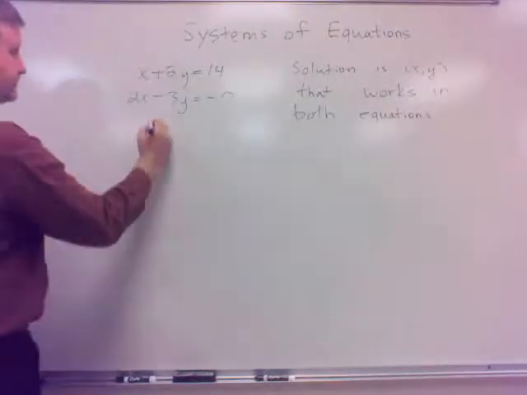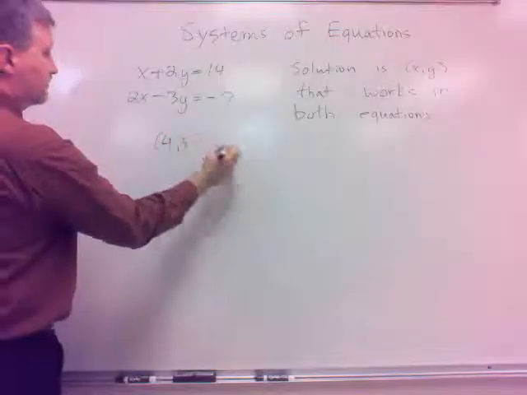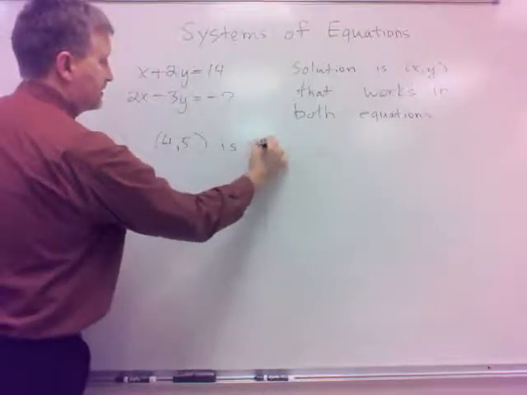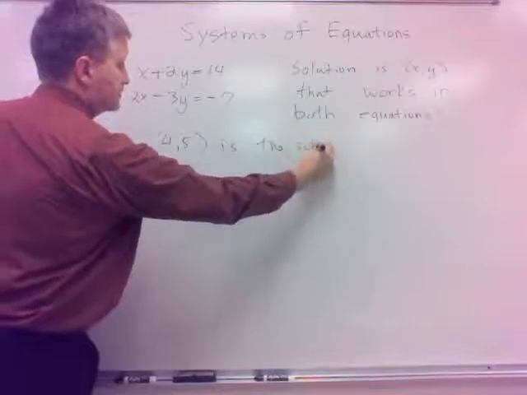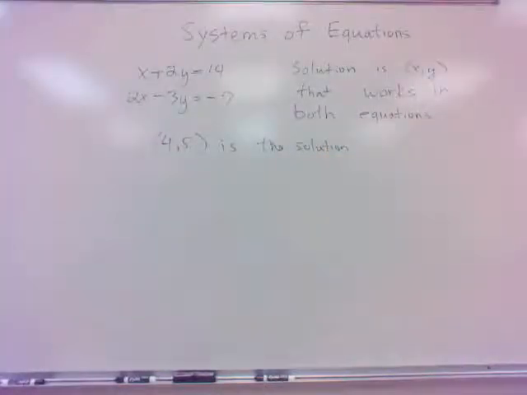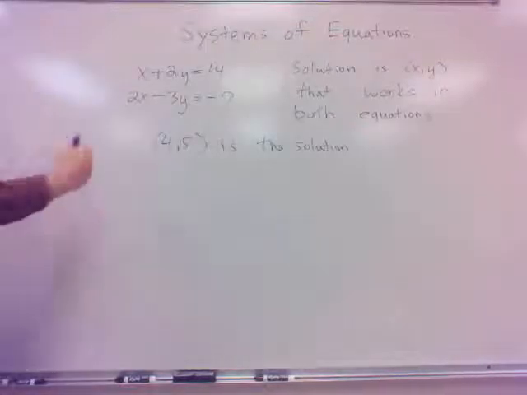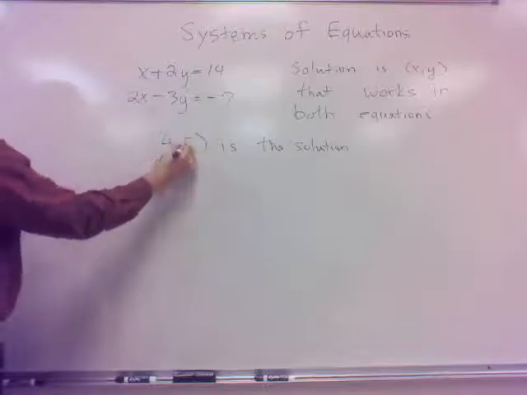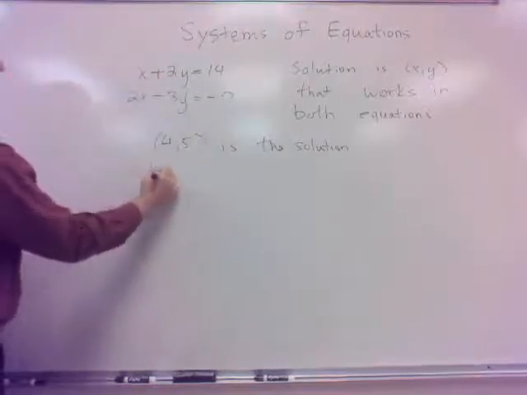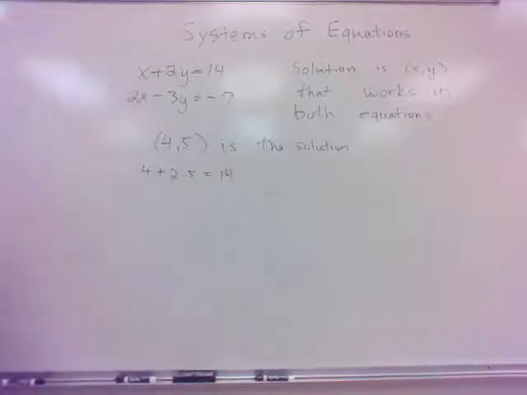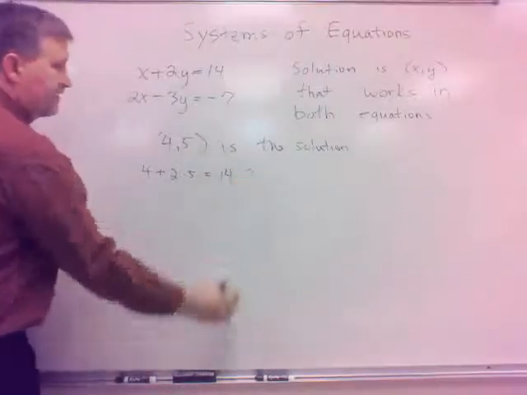For example, for this system here, 4, 5 is the solution. There's one solution to this one. And how do I know that? Well, I can know that by checking: plug in the x to be 4, the y to be 5 in both equations, and verify that it works.